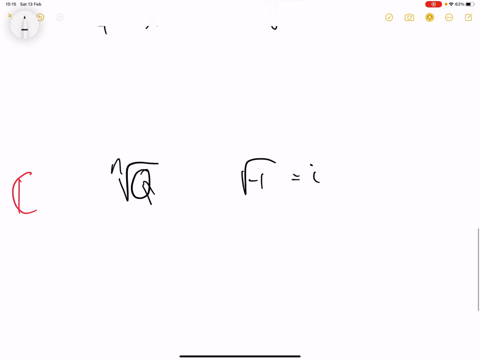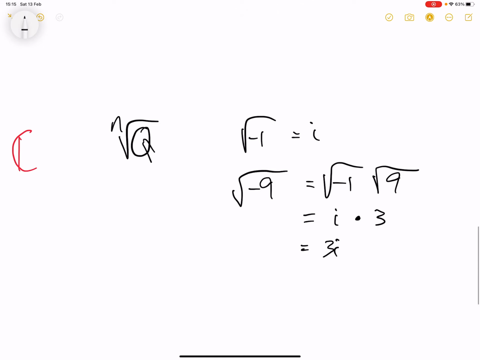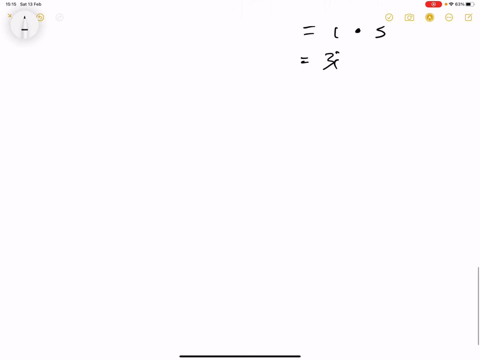So, for example, if you wanted to square root -9, you would say that's square root of -1 times the square root of 9, which is just i times, that's what this little dot means, i times 3, which is 3i. So that's the simplest way of looking at complex numbers.